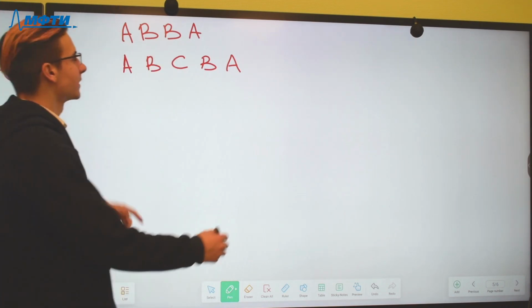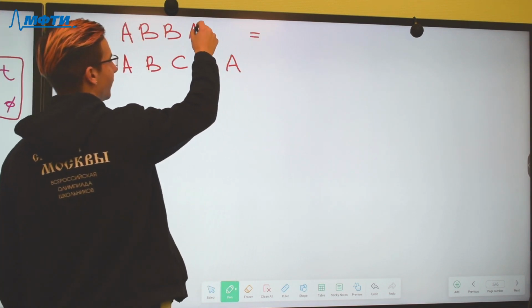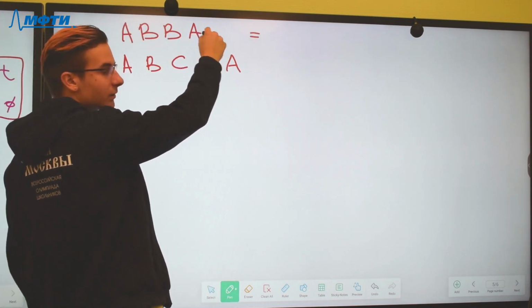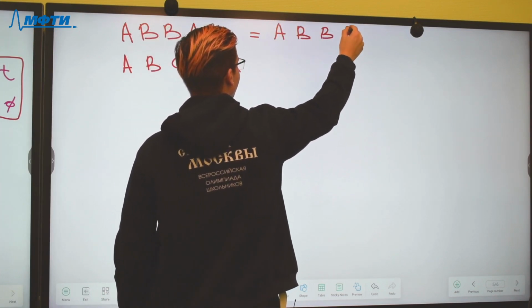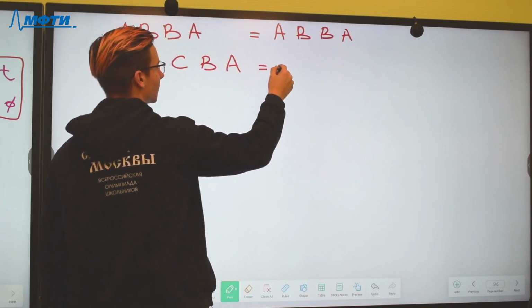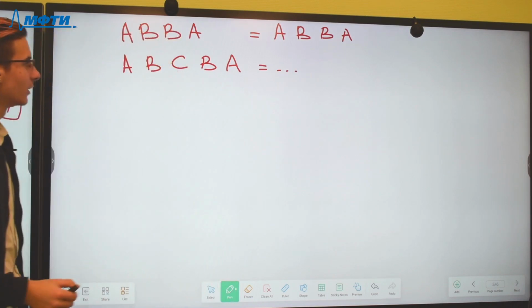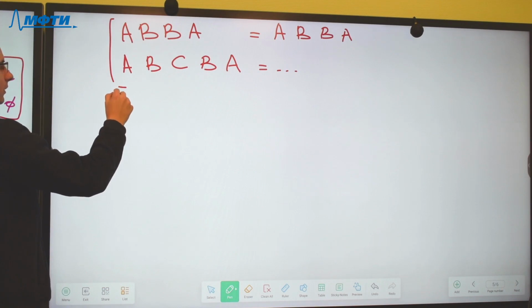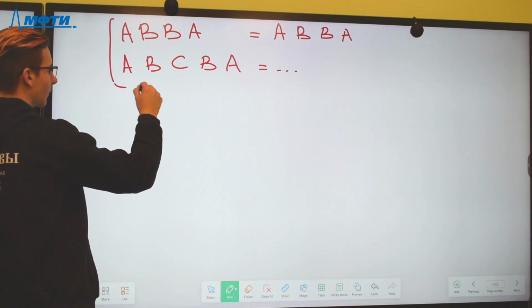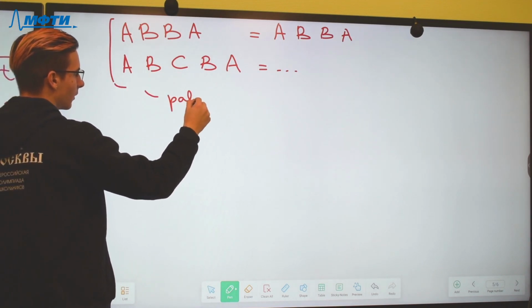You can rewrite this word. First you write the last character, then you write the previous, and it is the same. The name of these words: palindrome.